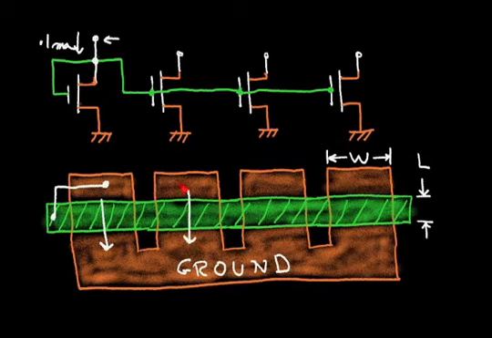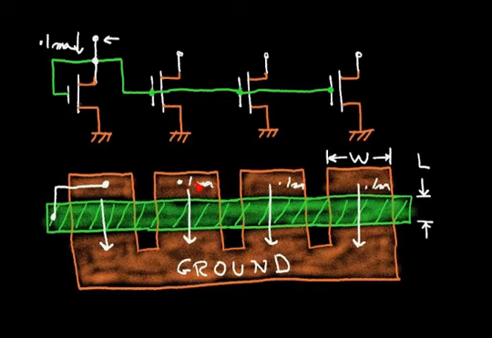So this will be 0.1 milliamps. This will be also 0.1 milliamps. And this will be 0.1 milliamps. So here I actually have 3 different current sources.